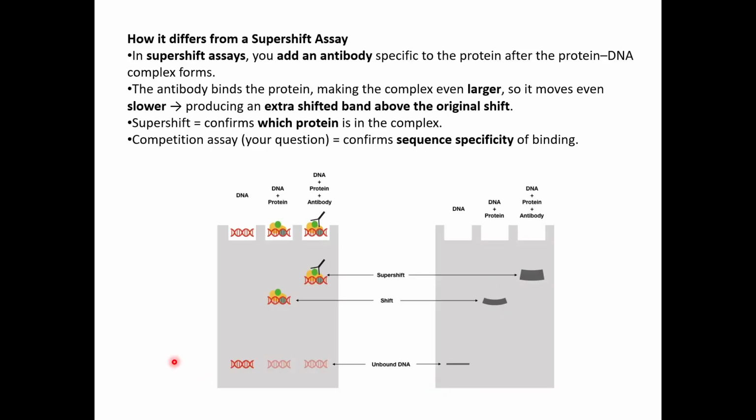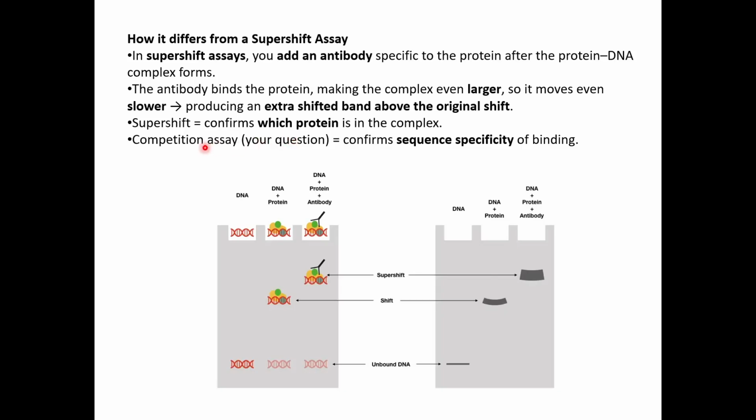Then how it differs from a supershift assay. So like I said, it is EMSA, but it is not supershift, because in supershift we add antibody. In case of supershift assays, you add an antibody specific to the protein after the protein DNA complex forms. That is to identify the specific protein of interest. And the antibody binds to the protein, making the complex even larger, so it moves even more slowly, and it produces an extra shift than the original shift.